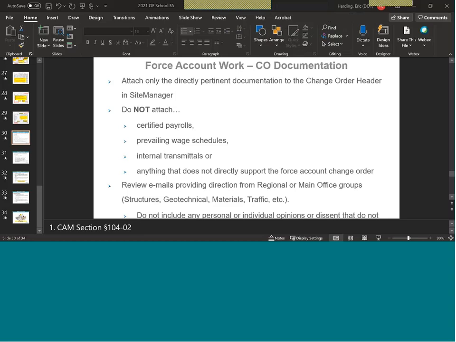Does the work service spec still reference the fact that they can't do 100% of an item's work? That's a good question. I don't know the answer to. Okay, I don't either. It used to. That used to be a big catch with things like tack coat. A tack coat is its own item, so that service would be doing 100% of the item, which would then not allow them to be a service.